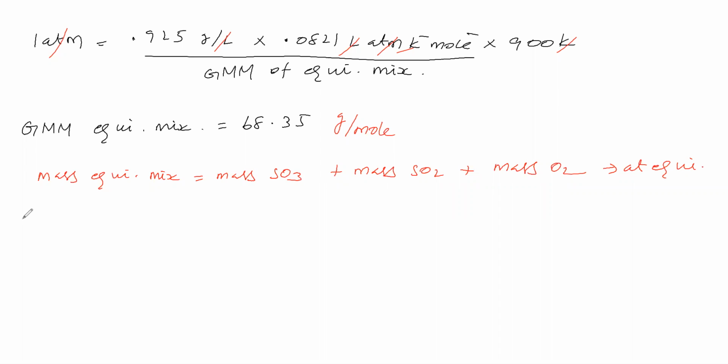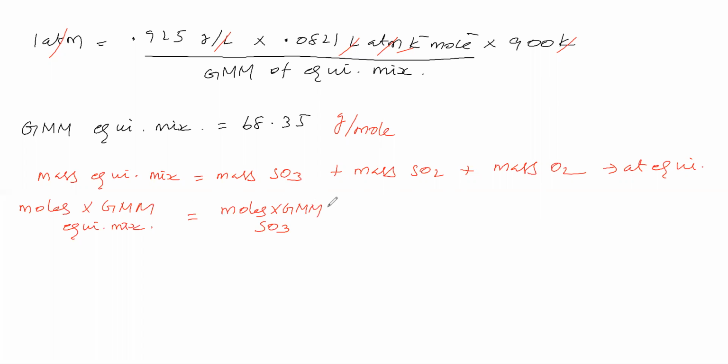Mass of equilibrium mixture is number of moles of equilibrium mixture into gram molecular mass of equilibrium mixture. Mass of SO3 is moles of SO3 into gram molecular mass of SO3.